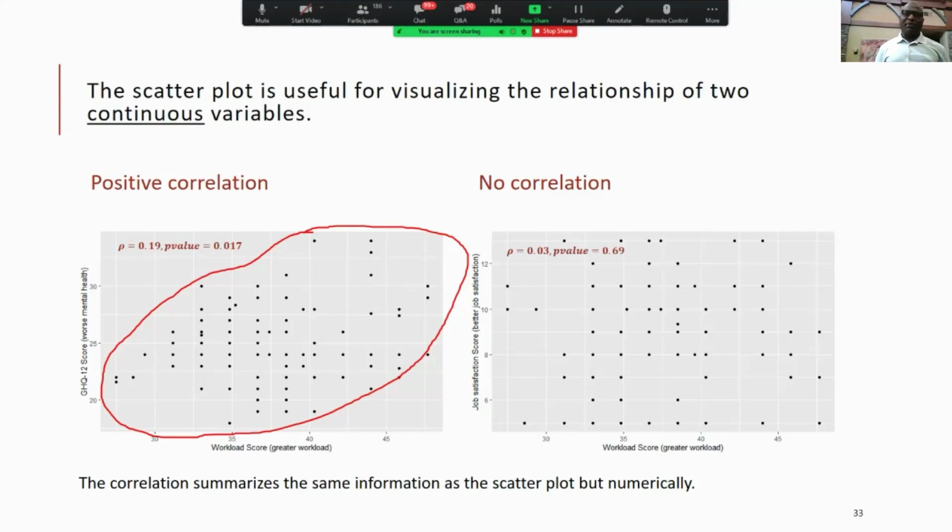One of the advantages of a scatter plot that I talked about earlier is that it gives you a visual impression of how correlated these two variables are and what the direction of the correlation is. So when we're talking about correlation, we're talking about continuous variables. That's a measure that we compute to compare continuous variables, not discrete variables.